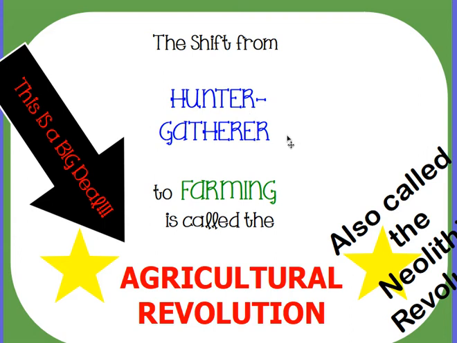And I don't know about you, but it is much easier to go to the garden and get some corn or some okra or some tomatoes or cucumbers and take them into the house versus wandering around all over the place trying to find some that are growing wild. So the Agricultural Revolution is a huge shift in time. It's a really, really big deal.